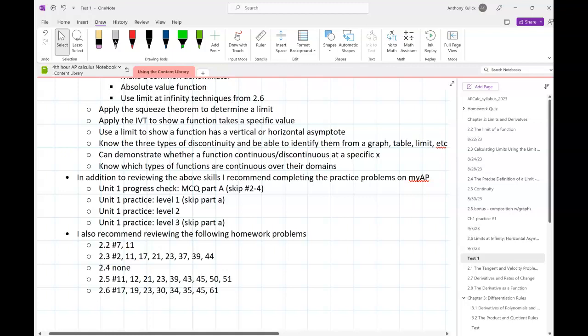Here, there's much less symbol pushing. It's very much more conceptual. Do you understand what these things mean? Like, how do I show mathematically that this thing is doing this or not doing this? So that I want you to really think about.